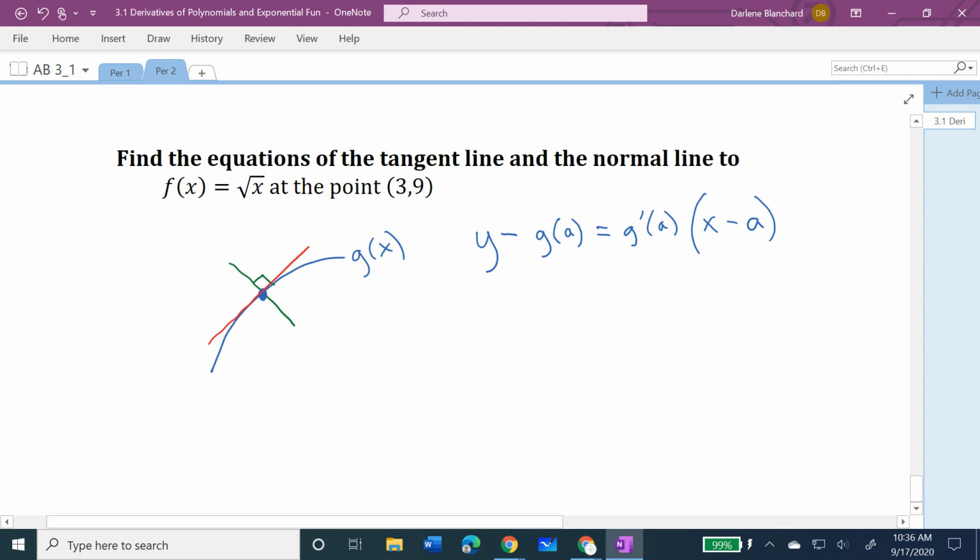Oh, hint. Today's quiz, you're going to write an equation of a tangent line given these pieces of information. Know how to do an equation of a tangent line.